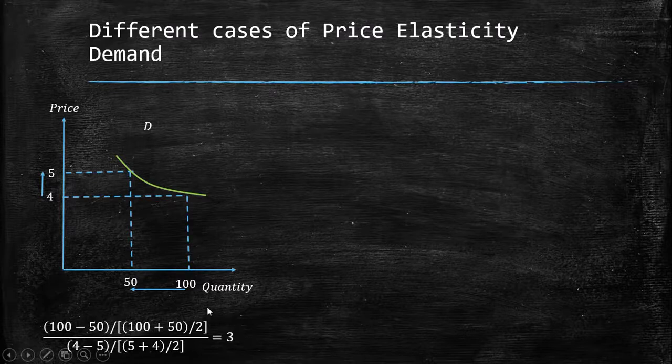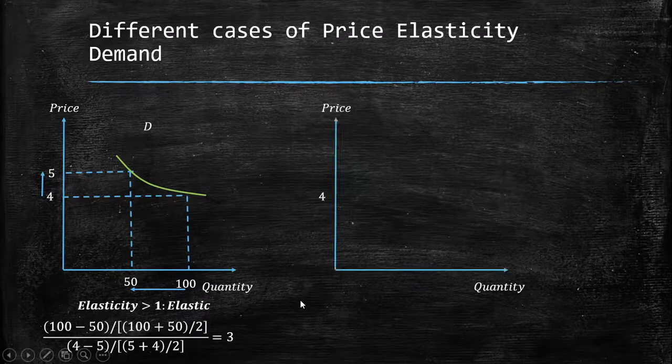It will be exactly the same because this is the midpoint and we are just focused on the absolute values. So the value is 3, so it's larger than 1. So this is elastic. What does it mean? The change in the quantities is larger than the percent change in the price.